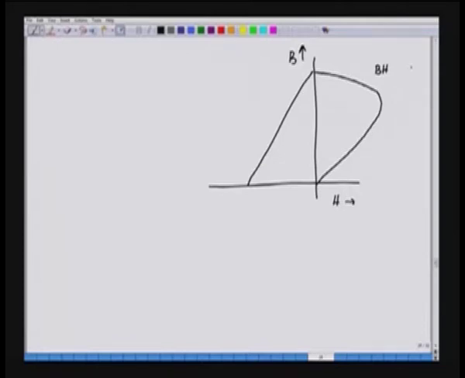Here we have the maximum BH, this is BH max, and the product of B and H gives the energy stored per unit volume.